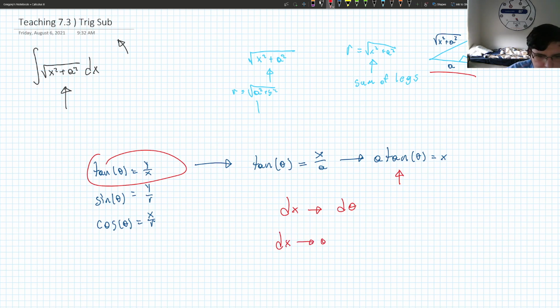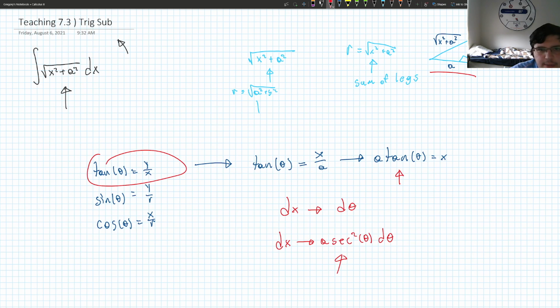So you're going to do a secant squared theta d theta, and that's going to be your new differential right there. So it changes a little bit. It's a bit different than what we've done before with regular trig integrals, but it's a little intuitive. Just keep in mind what you're doing here.